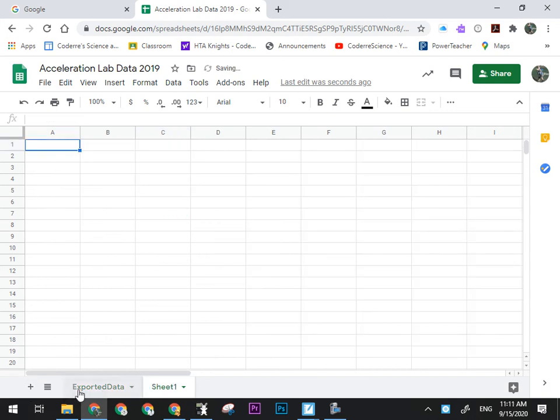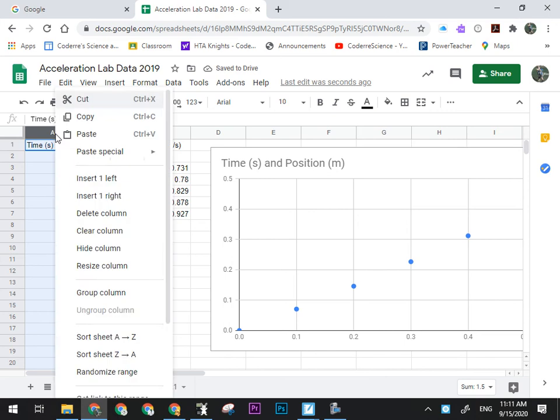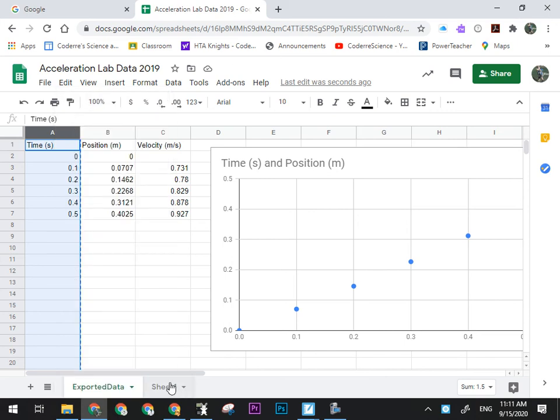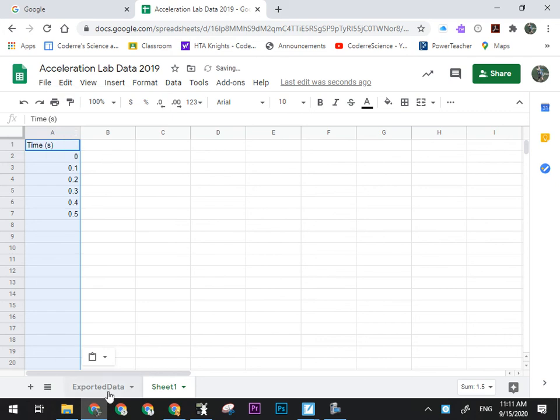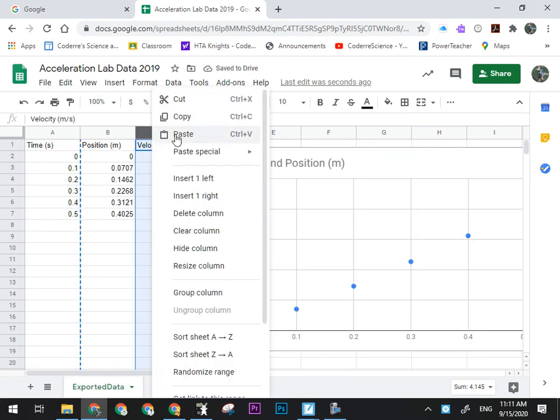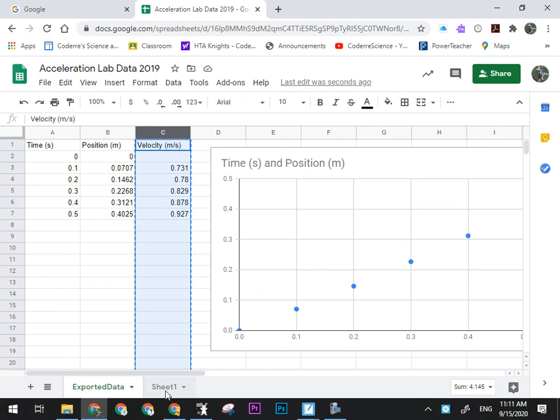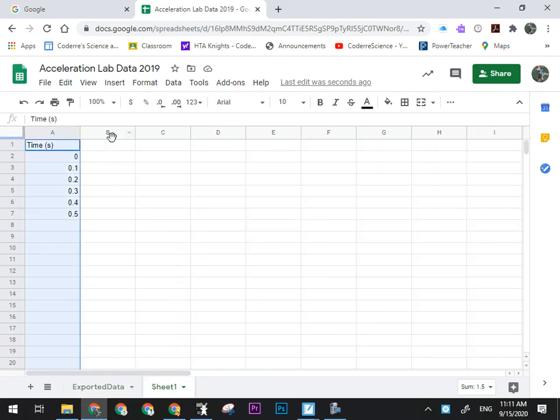Just add a sheet, copy the time column over and the velocity column over, rather than try to highlight them separately, because it gets weird when you try to do that. Then I highlight that data and insert my chart.